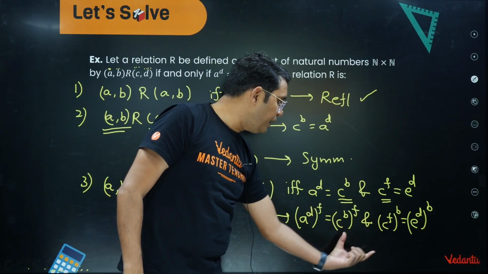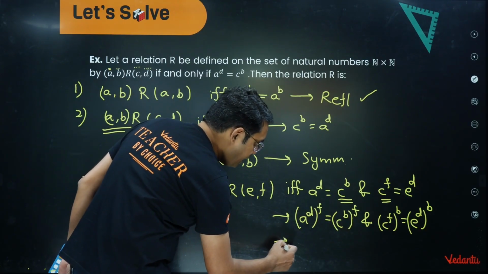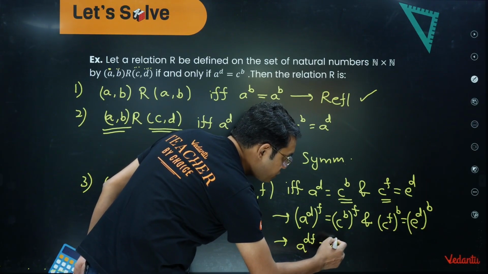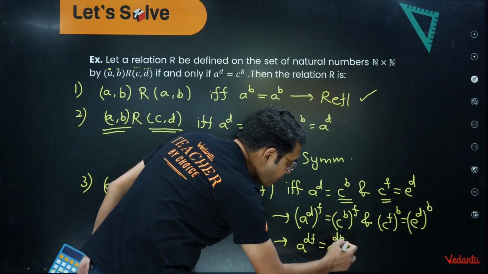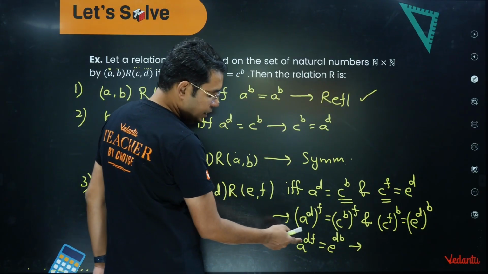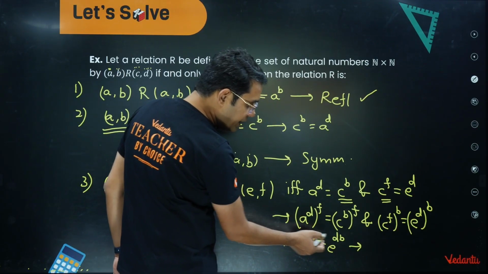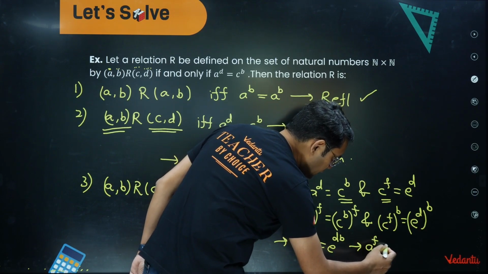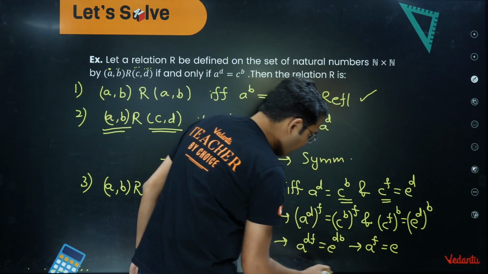So I can eliminate these two and we will be getting a raised to the power d into f is equal to e raised to the power d into b, which actually means, because in the power this number d is common, so you can remove this. So it will be a raised to the power f is equal to e raised to the power b.